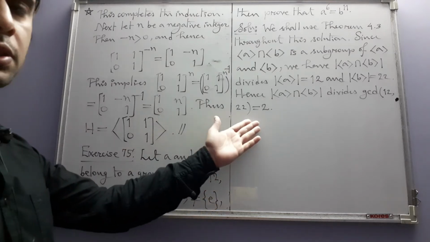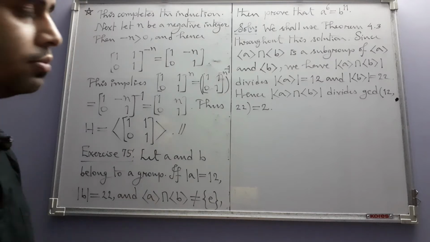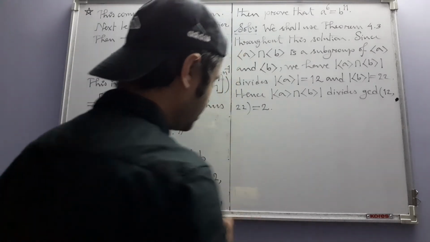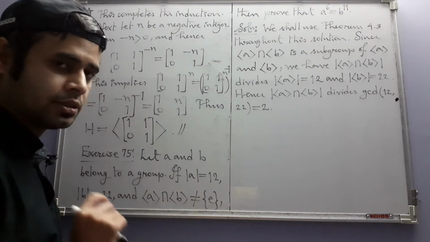So because 2 is prime, this order is then either 1 or 2. But it cannot be 1 because it's given that the intersection is not the trivial subgroup.